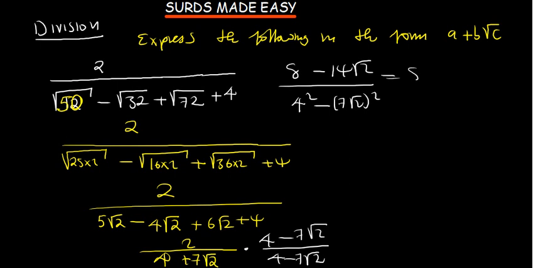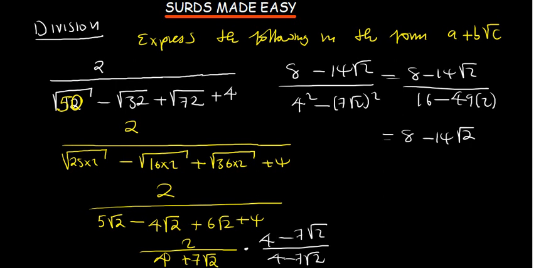So this will give us 8 minus 14 square root of 2 over 4 squared is a 16 minus, 7 squared is a 49, right? And then we've got square root of 2 squared, which is just a 2, right? So this gives us 8 minus 14 square root of 2 over 16 minus, what is 49 times 2?